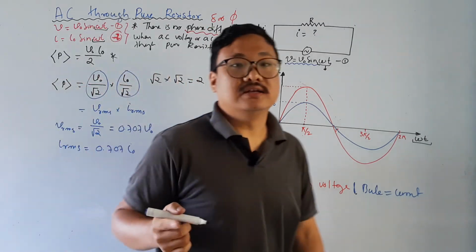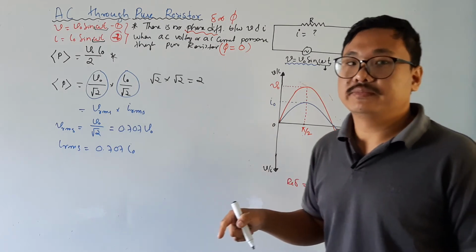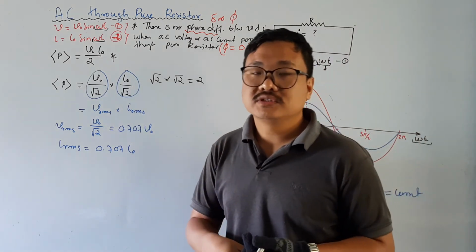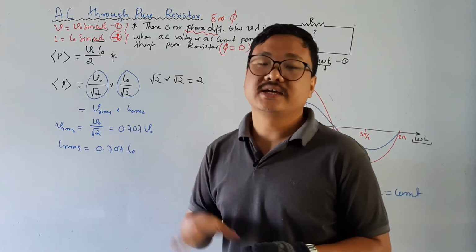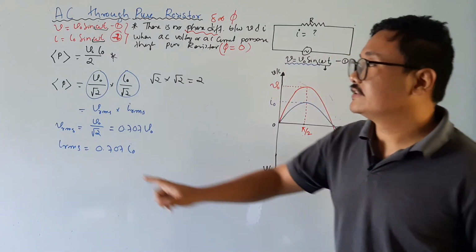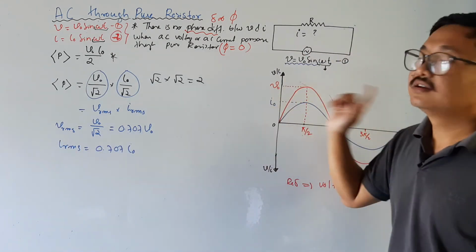So these are the values that we measure in daily life. Any measuring instrument, if I have a multimeter with which I want to measure alternating voltage and alternating current, then I will be measuring VRMS and IRMS, not V0 and I0.